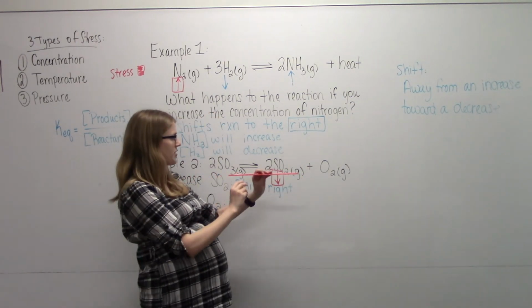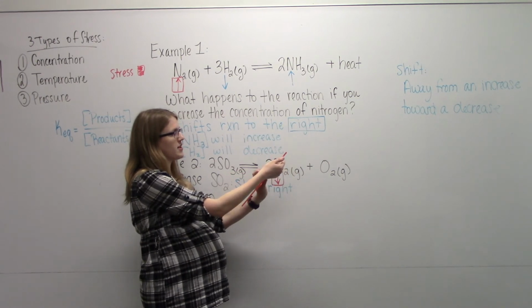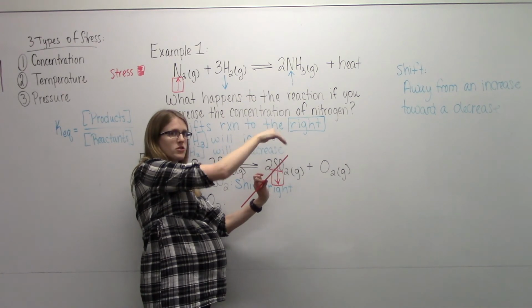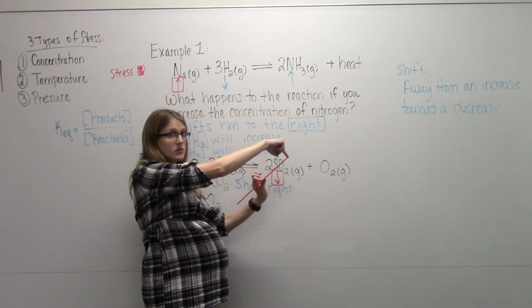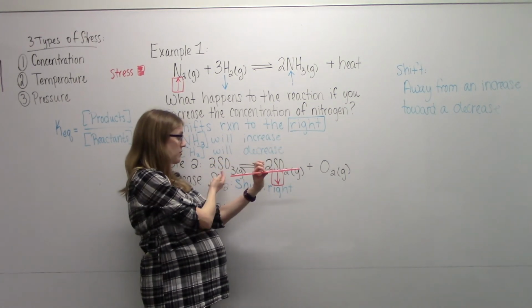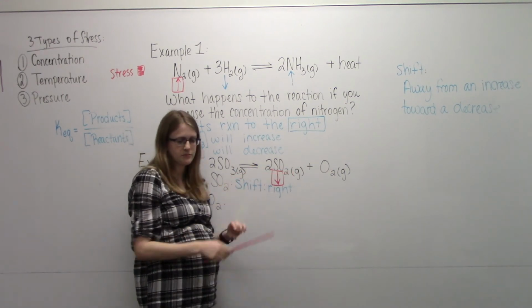So let's look at it this way. If we decrease SO2, this causes it to lift up. We're going to have to push this back down. That means we're shifting in this direction, the right side. That means that this side needs to increase as a result. O2 is going to increase. SO3 on this side, the reactant side, is going to decrease.